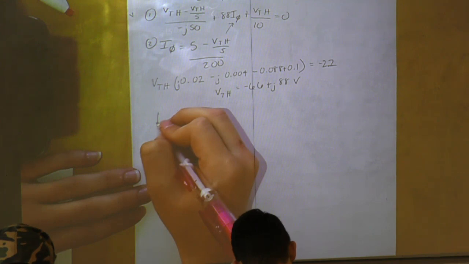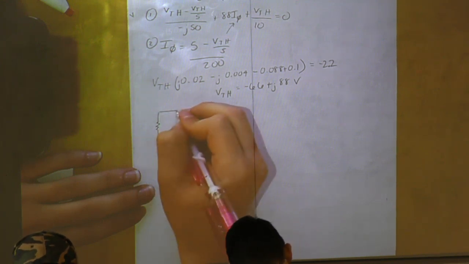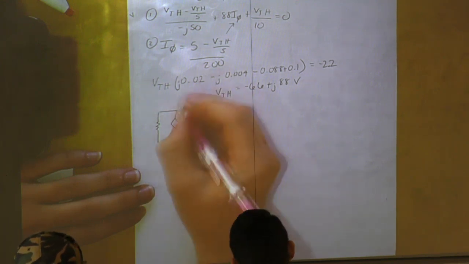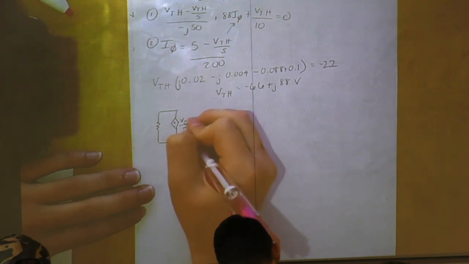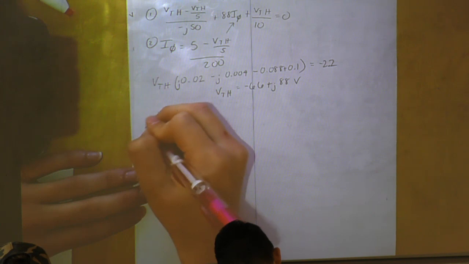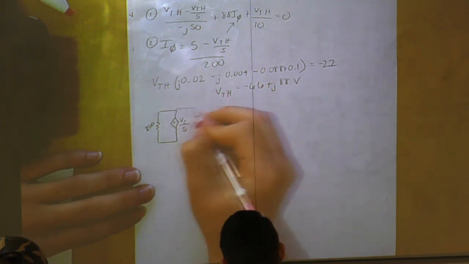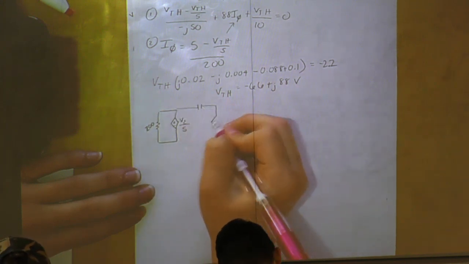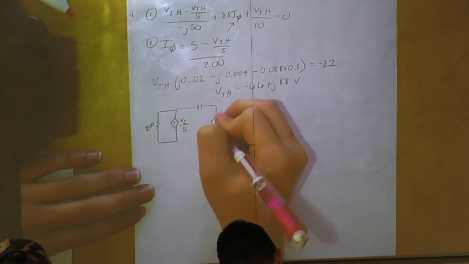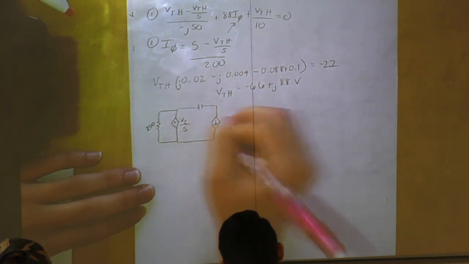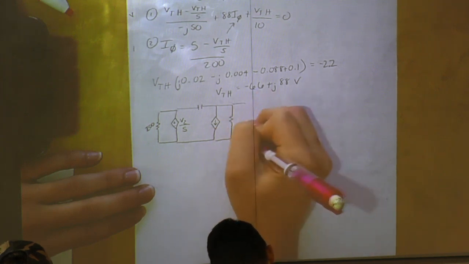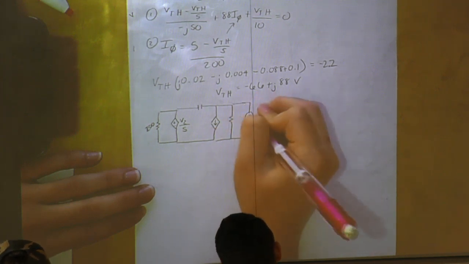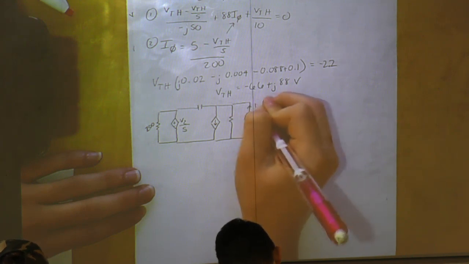We turn our sources off, so we just have this 200. And this is where our test goes. We have plus minus VT, IT.